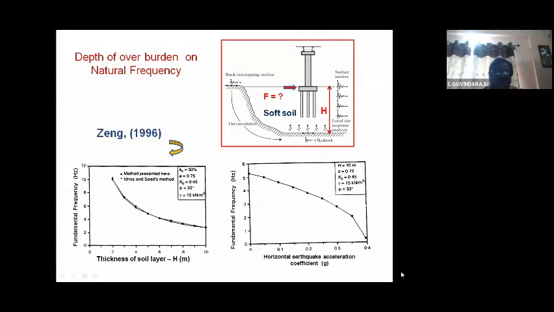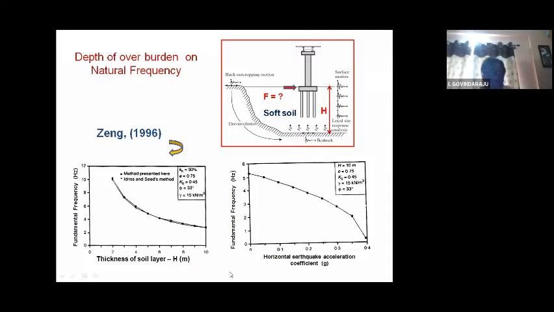What you can conclude from this investigation is very useful information for a design engineer: the higher the acceleration for the same column, the lower the frequency. At the same time, increase the depth of overburden, and you have a very low frequency, which is not conducive to the structures, and this must be taken into care while designing our structures.